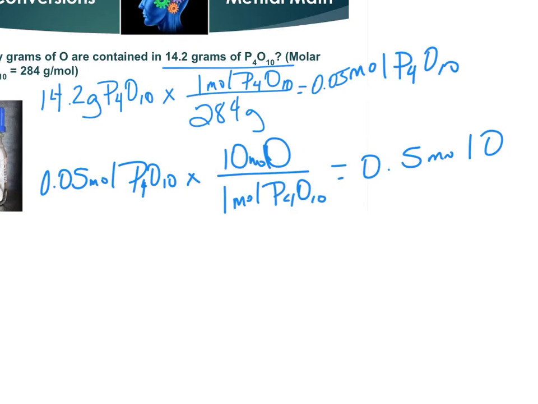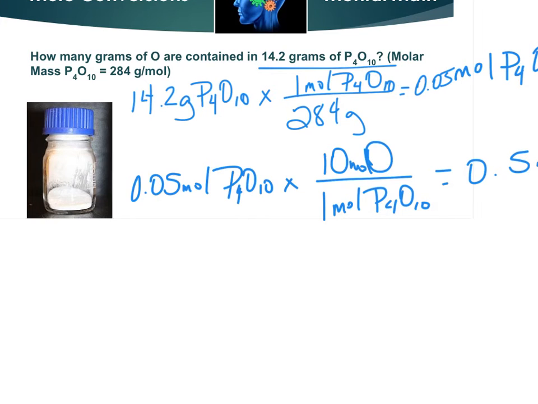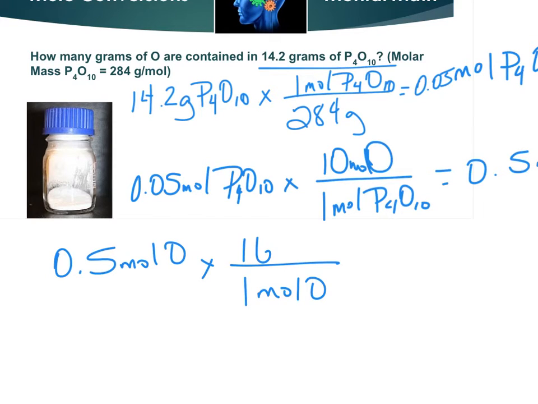And then our problem actually asked us for grams, so we're going to have a new line that says 0.5 moles of oxygen. Well, for every 1 mole of oxygen, there are 16 grams of oxygen. So you do 0.5 times 16, and you find out that you have 8 lovely grams of oxygen in this compound.